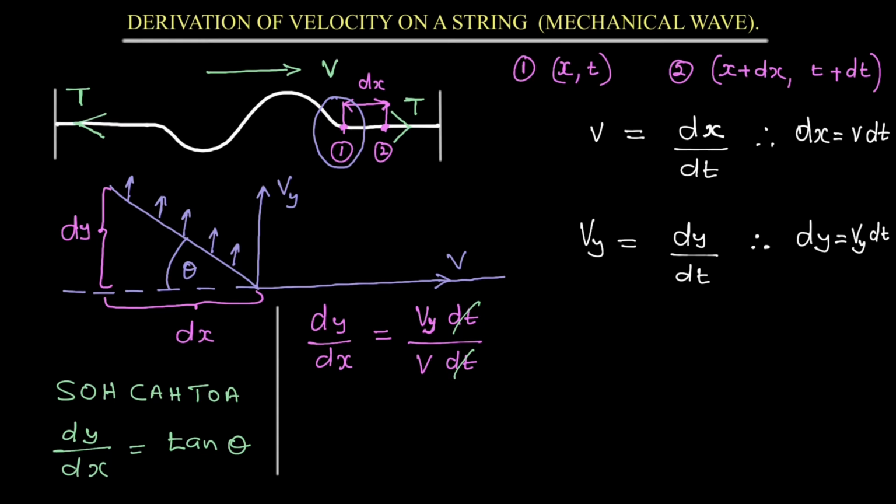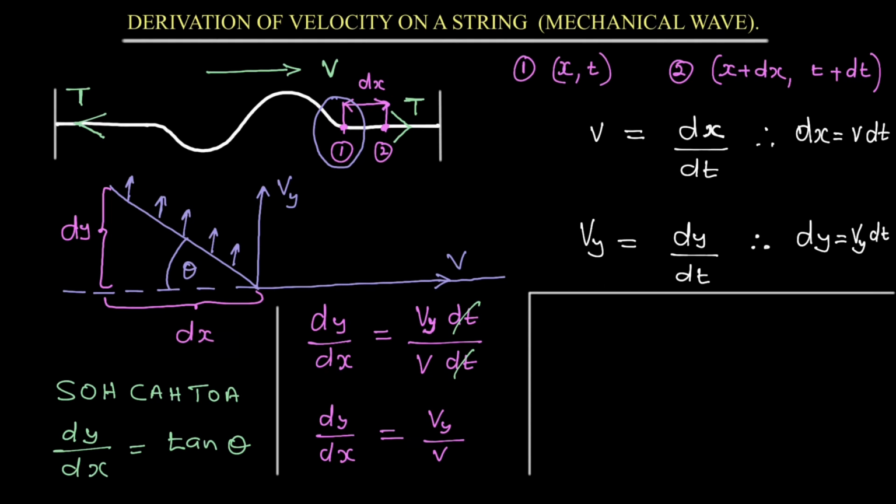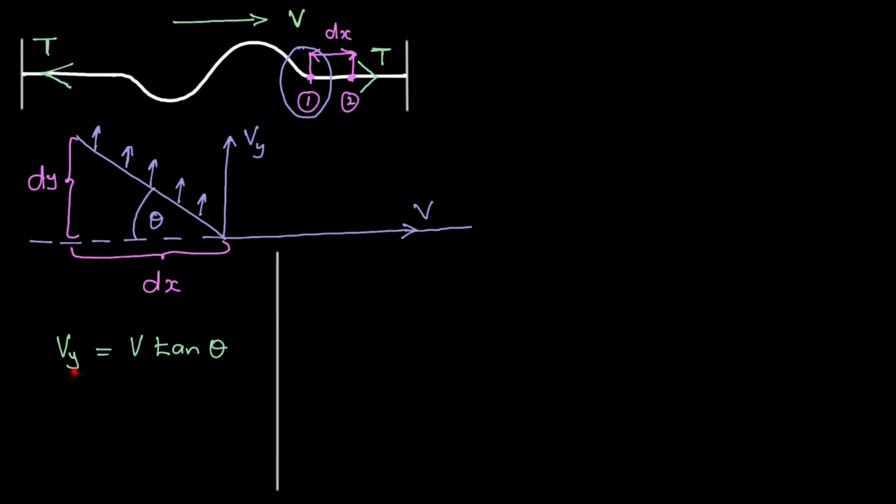Therefore dy over dx equals vy over v, so tan theta equals vy over v. Writing vy as the subject, vy equals v tan theta.